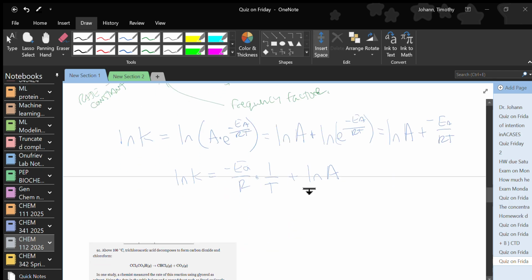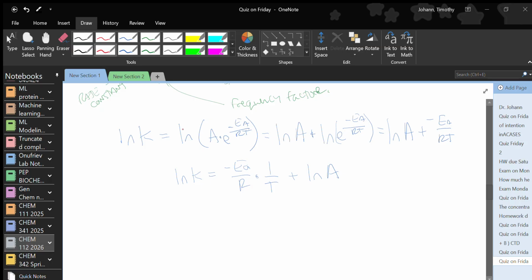And what I hope you see here is that this is in the form of a straight line, y equals mx plus b. We did this before with the Clausius-Clapeyron equation.